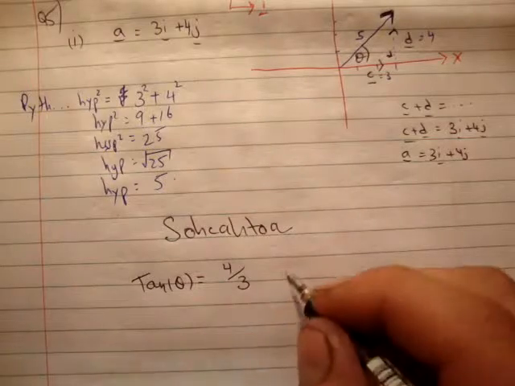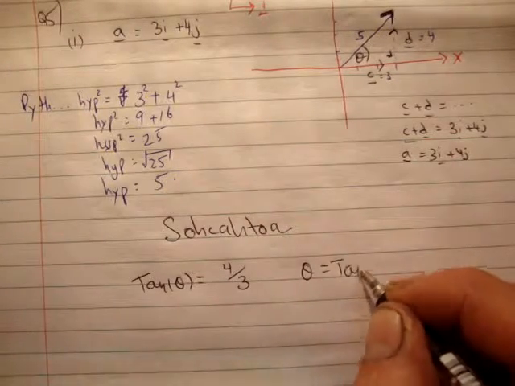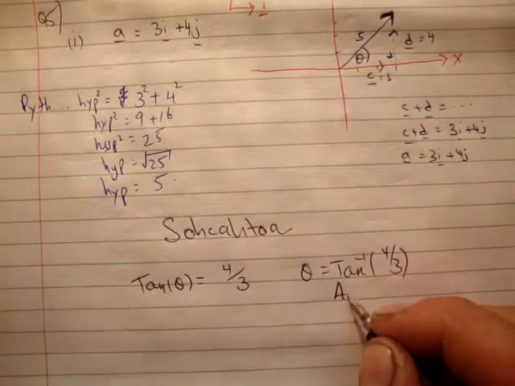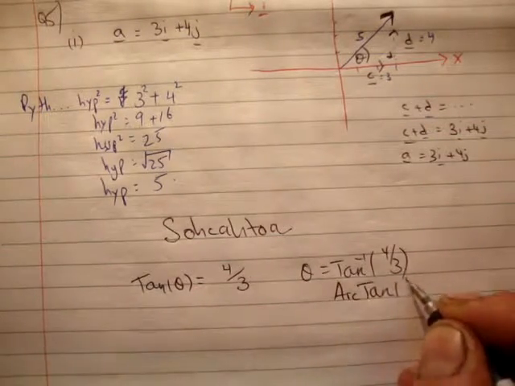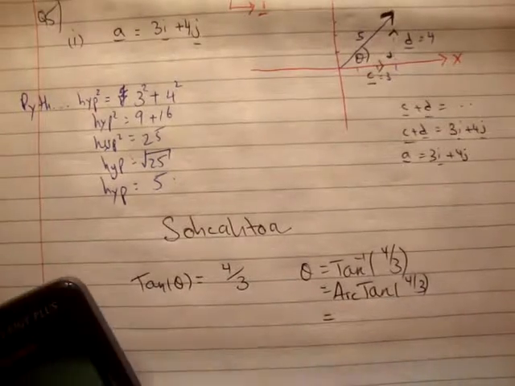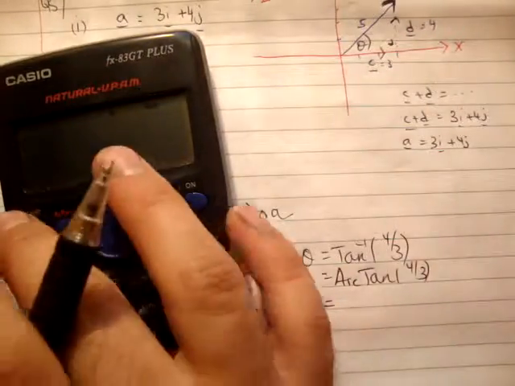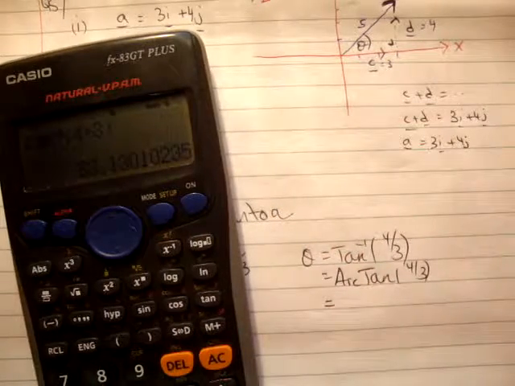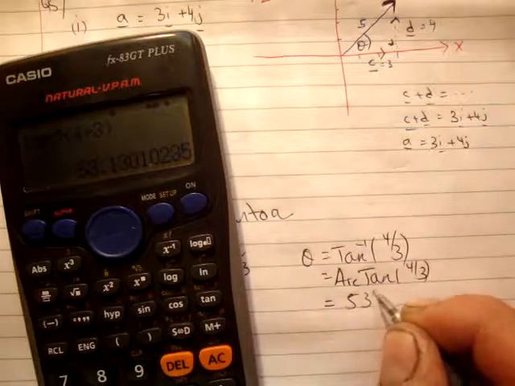Therefore theta is equal to inverse tan of 4 over 3, or arctan, which is the same thing. Inverse tan of 4 divided by 3 is equal to 53 degrees.